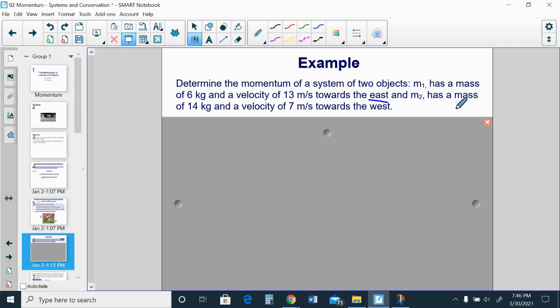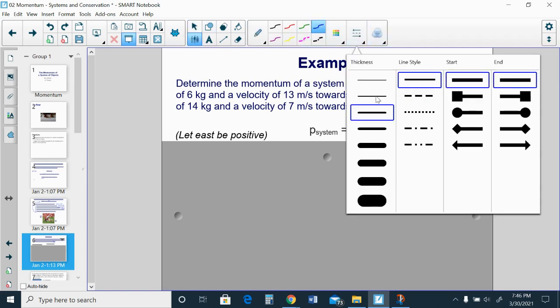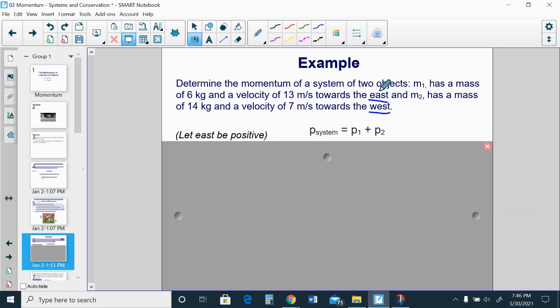And M2 has a mass of 14 kilograms and a velocity of 7 meters per second toward the west. So taking a look here at the first step, we're going to let east be positive, since that is traditionally what we'll do. So we have east versus west here. So east would be the positive direction, and west would be the negative direction.